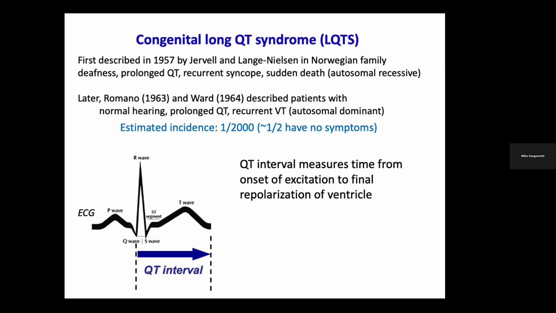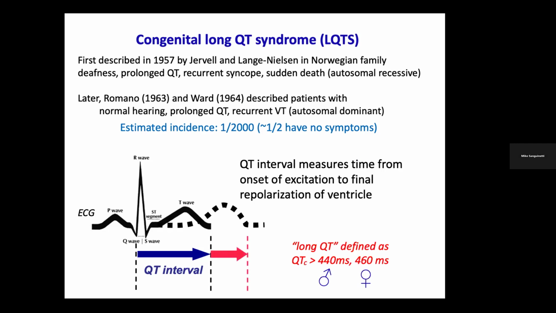And again, for those who aren't familiar with electrophysiology, the QT interval is just taken from the body surface ECG, where you just measure between the Q wave, this wave here, and the end of the T wave. And that basically represents repolarization in the ventricle and the ventricular cells.